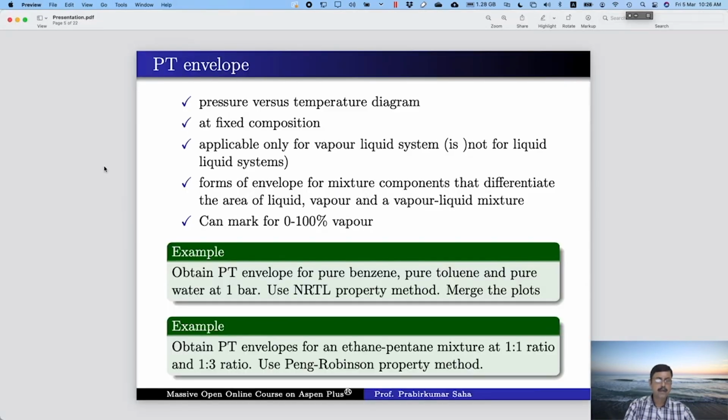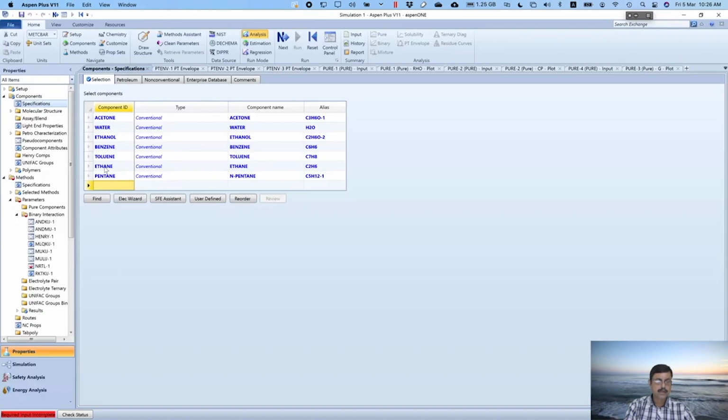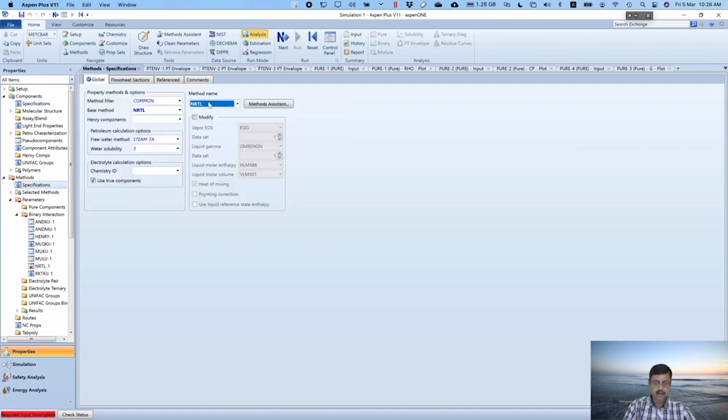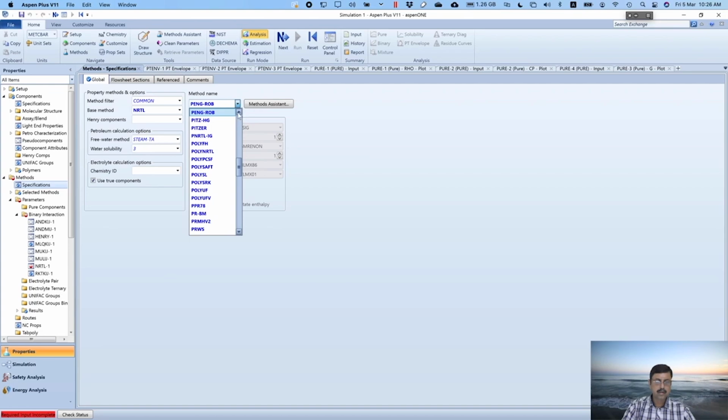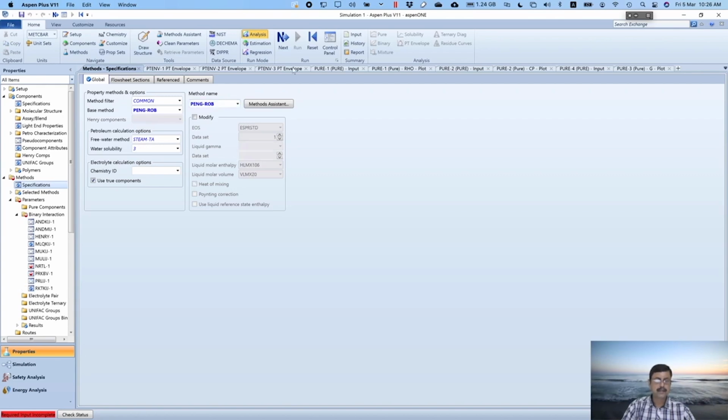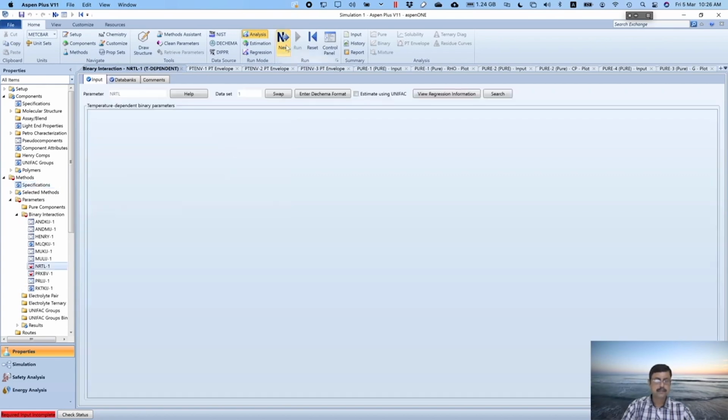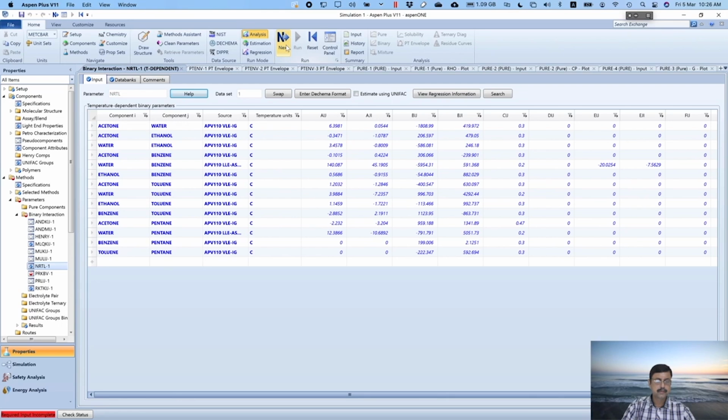Okay. Now we have to choose Peng-Robinson property method. Press next. Okay.